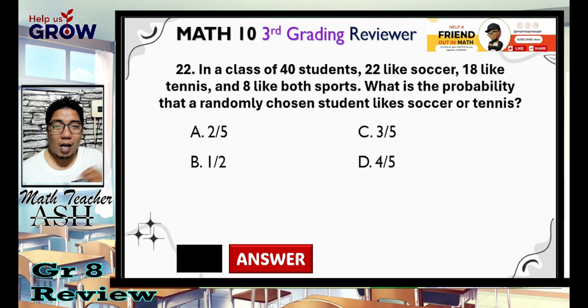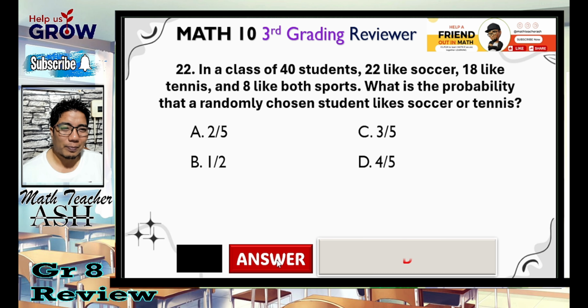We are dealing with soccer or tennis, not soccer and tennis, so we will subtract that. 40 minus 8 would be 32. So, 32 out of 40. In lowest terms, that would be 4/5, letter D. So, let's check whether we are correct.